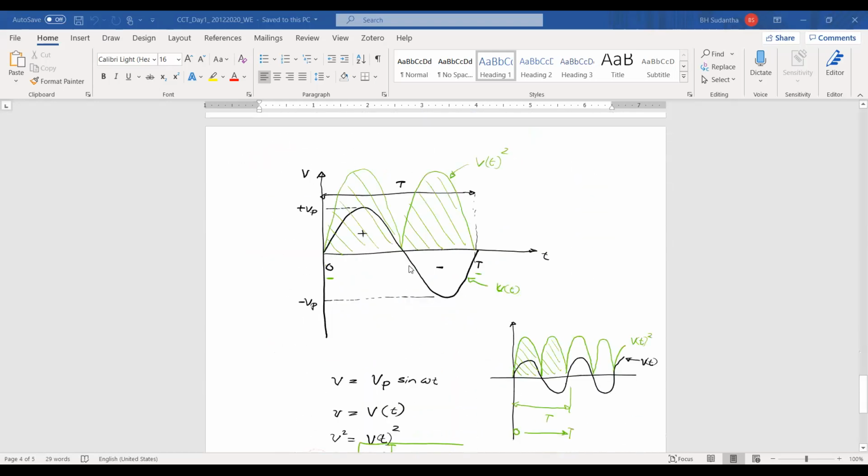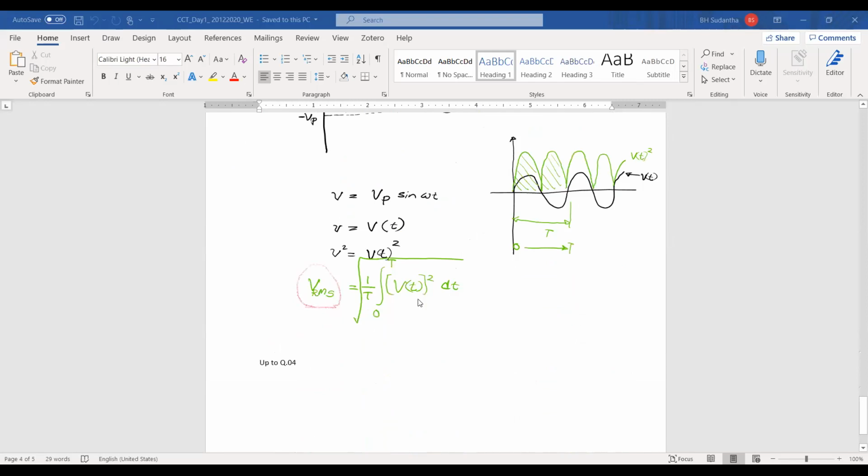Then we discussed this RMS component and how to take this RMS.